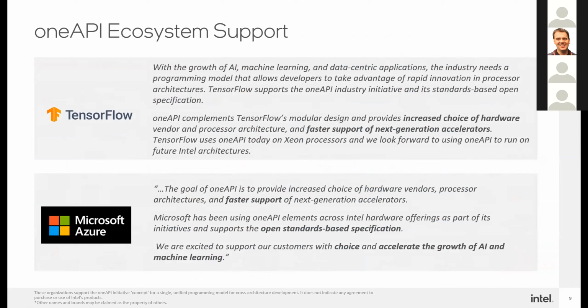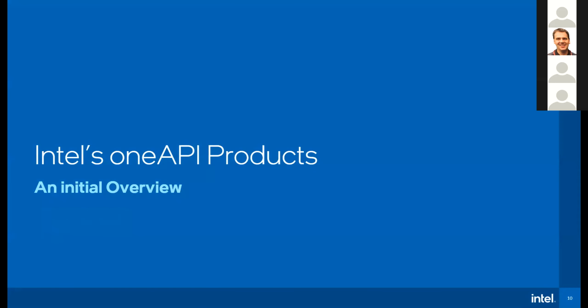So TensorFlow, known as the Google deep learning framework, very well known deep learning framework. So Google and also Microsoft are supporting the oneAPI initiative and bringing the solutions into their environments. So that was the part of the initiative and the standardization efforts.